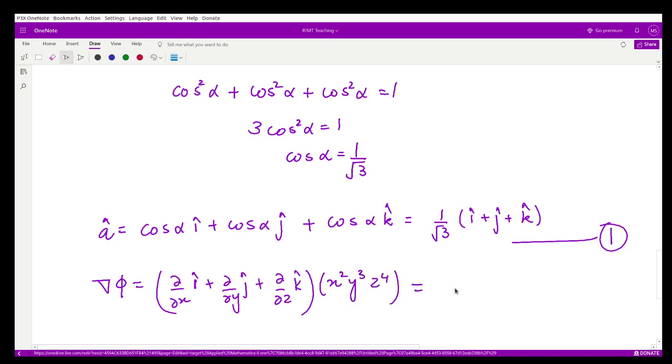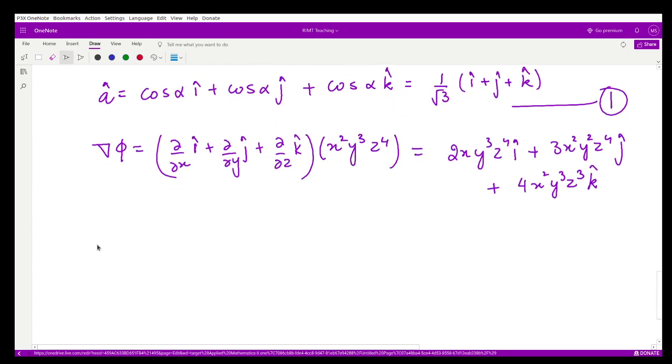This comes out to be equal to 2x y cube z power 4 i cap plus 3x square y square z power 4 j cap, and then with respect to z it would be 4x square y cube z cube. I hope you know how to calculate the partial derivatives. Okay, this is the gradient.